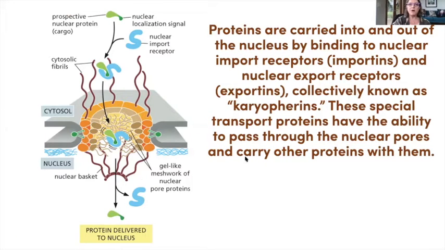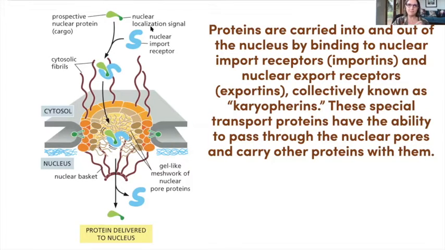So small proteins that are below about 30 to 40 kilodaltons can freely pass through that material, but this material acts as a size gate, and anything larger than 30 to 40 kilodaltons, which is a fairly small protein, requires active transport in or out of the nucleus. And so import into the nucleus is encoded by nuclear localization signals, and export from the nucleus is encoded by nuclear export signals.